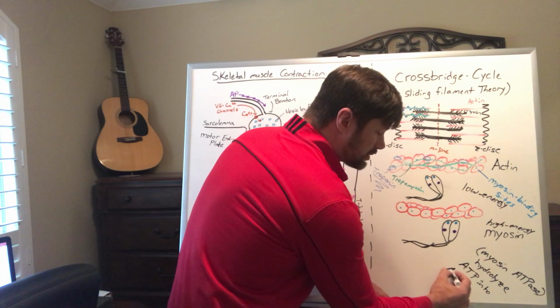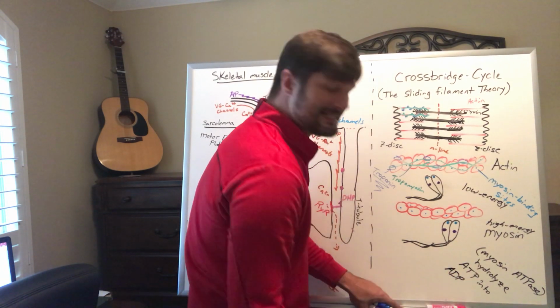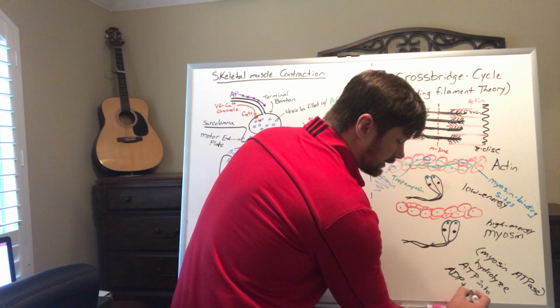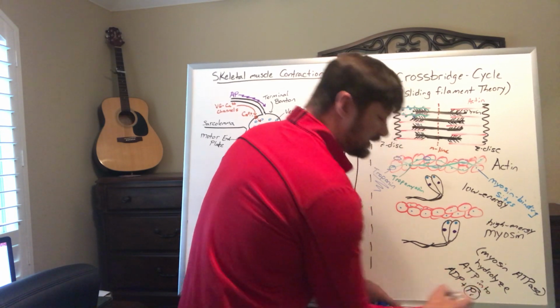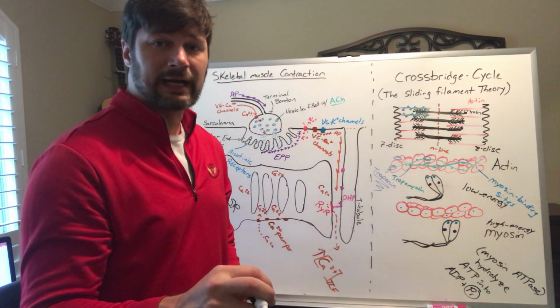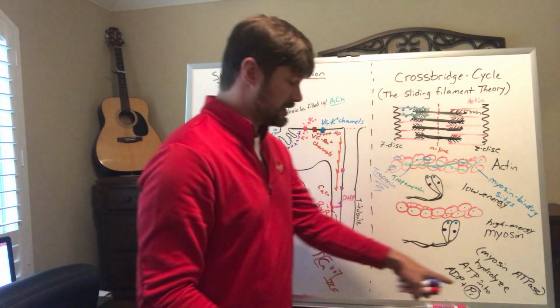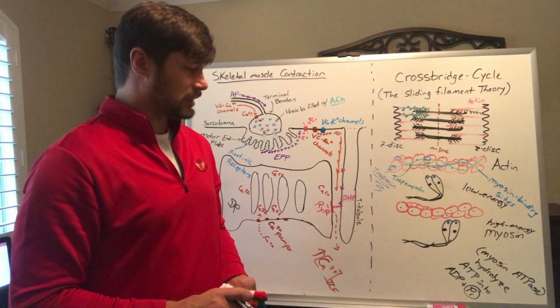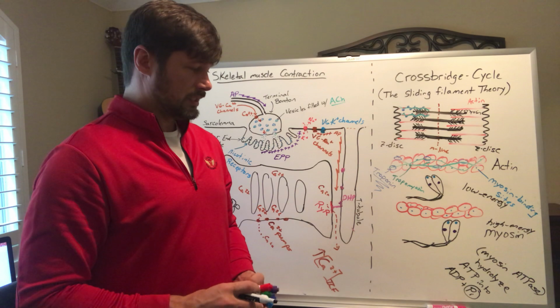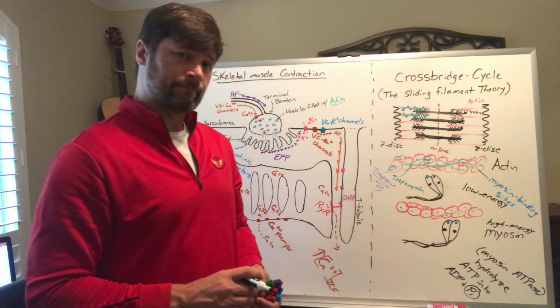It's going to release energy, in other words, ADP plus inorganic phosphate, which is P lowercase i with the circle around it. That's our inorganic phosphate right there. Okay, that's the myosin ATPase.